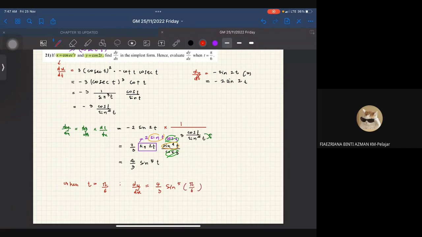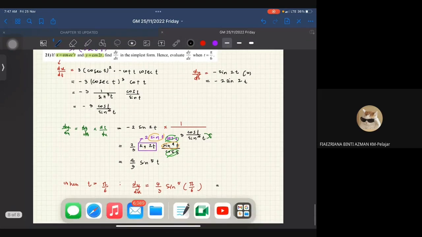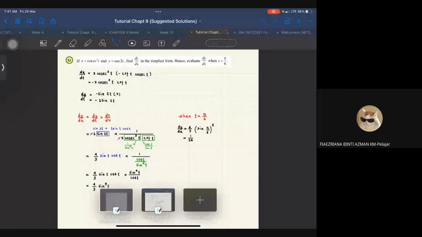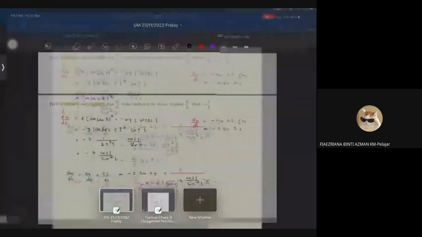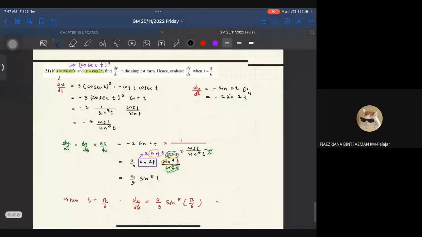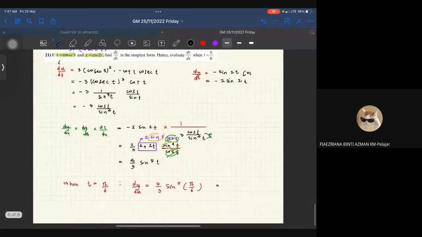So just tekan je kalkulator terus dapat jawapan. So kalau ikutkan jawapan kita berapa tak? Jawapan kita adalah 1 over 24. Yep. Okay, so saya akan dapat 1 over 24.